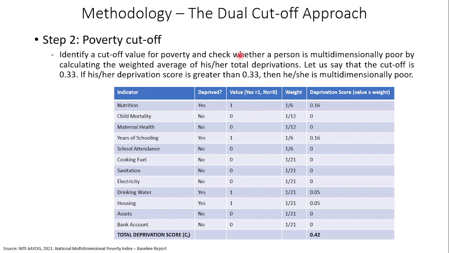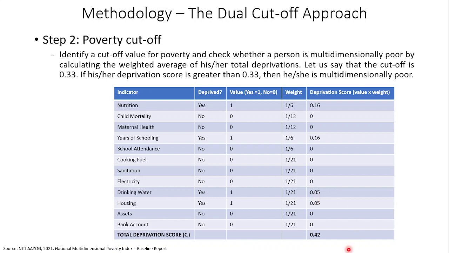But if you have two different dimensions, you are already reaching 0.32, that is 0.16 plus 0.16, where only these two are ones and the rest are zeros. So I define the threshold as 0.33. If the score is above that, then the person is deprived in more than one indicator, which means he is multidimensionally poor.